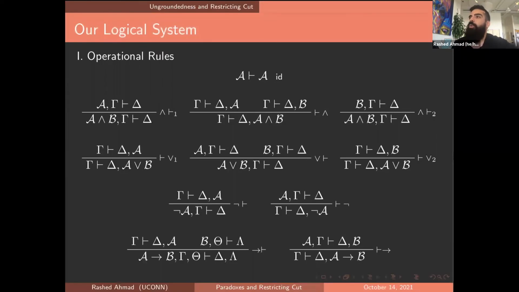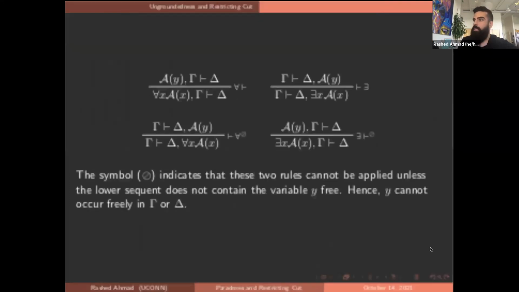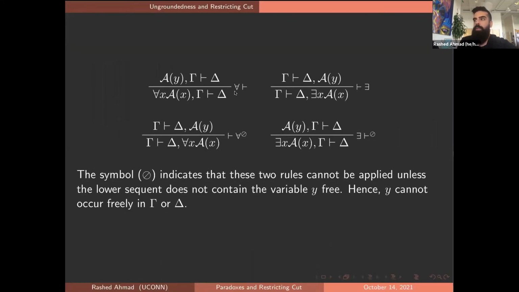Right, so how about our logical system now? Our logical system is purely classical. Choose your favorite standard rules of classical logic, whether it's additive or multiplicative, doesn't matter. So our operational rules are all the same as classical logic. Similar with our quantifiers with the usual restrictions on universal right and existential left.